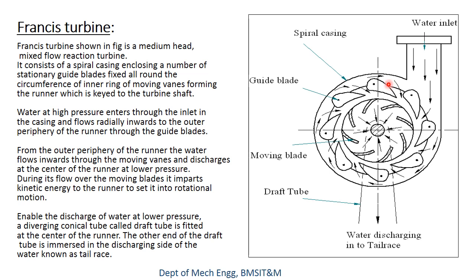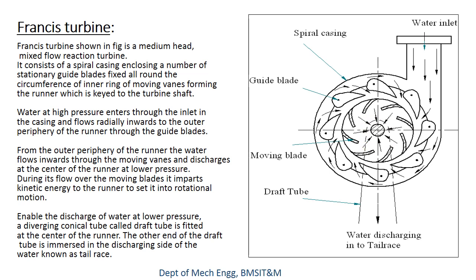That is, the guide blades and the moving blades looking from here are all visible, and a portion of this draft tube is hidden, that is, it is behind the Francis turbine. Note here that the shaft for this turbine is horizontally placed, and at the back side of this turbine we have the draft tube placed.